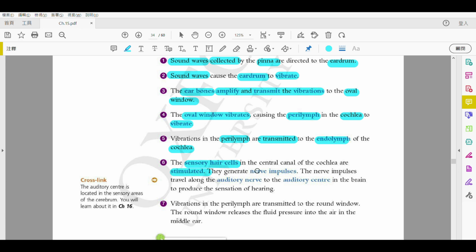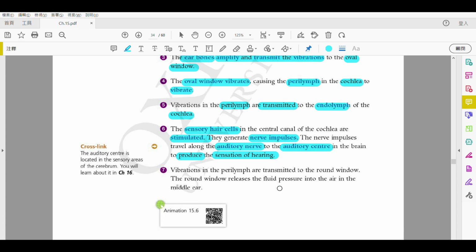They will generate nerve impulse. They will travel along the auditory nerve to the auditory center of the brain for interpretation, for producing the sensation of hearing.